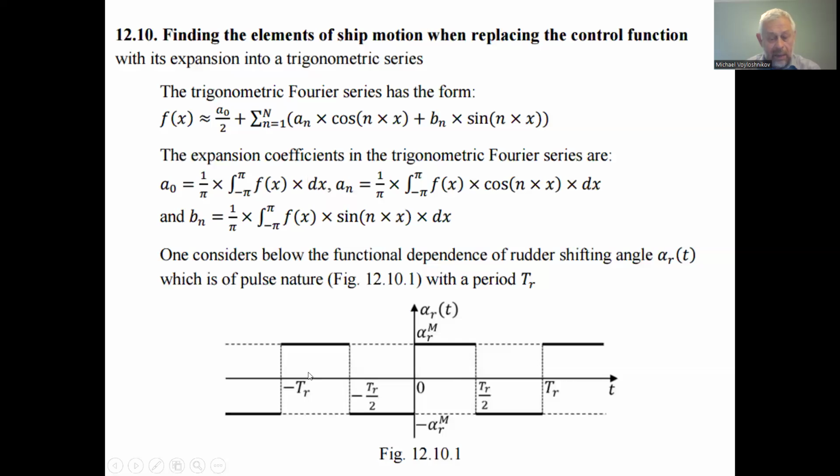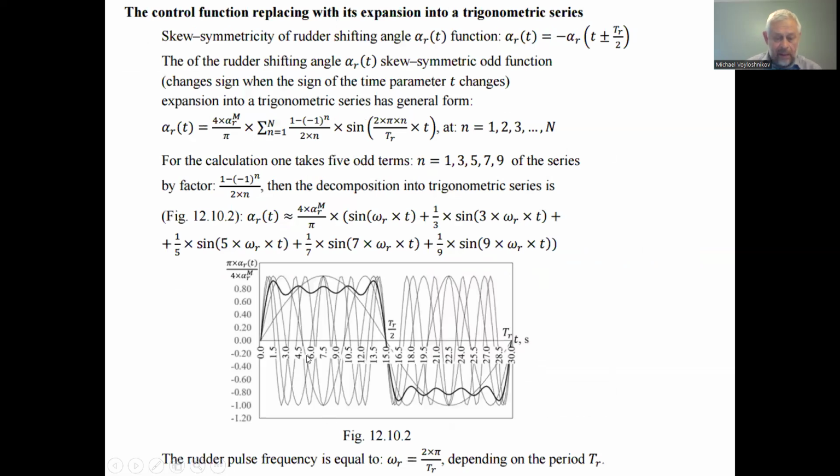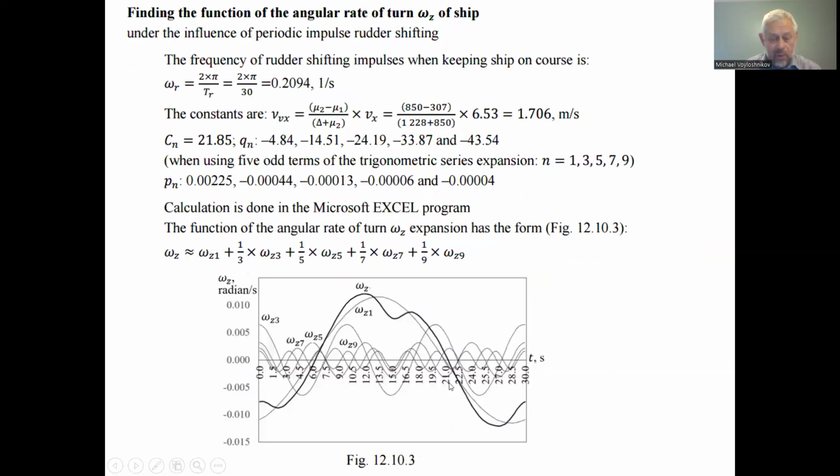Nevertheless, after substituting this impulse-nature turning of the rudder by the expansion in the Fourier series, with the total indicated by the bold solid line, and after substituting into the second-order inhomogeneous linear differential equation, we got the expansion of the particular solution into the Fourier series, indicated by a bold solid line. It looks very sinusoidal, with no breaks of the function.